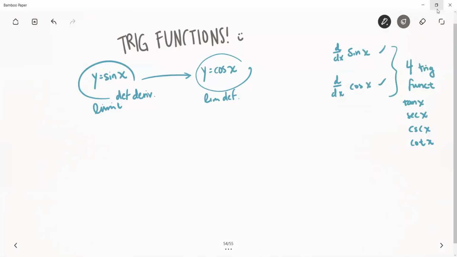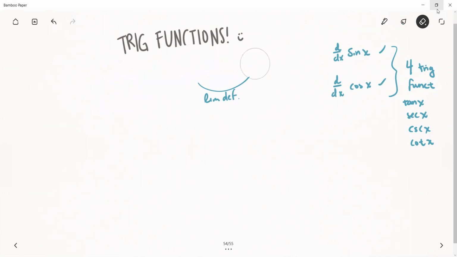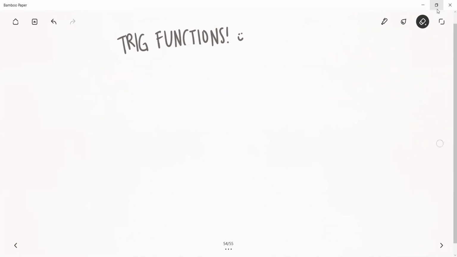Okay, so I've already done this in the packet that I posted on the website, but I'm going to go through this derivation in this video because I think it might be a little bit easier to follow. But it's the same information that's in the packet, nothing new. Okay, so that's what we're going to do.